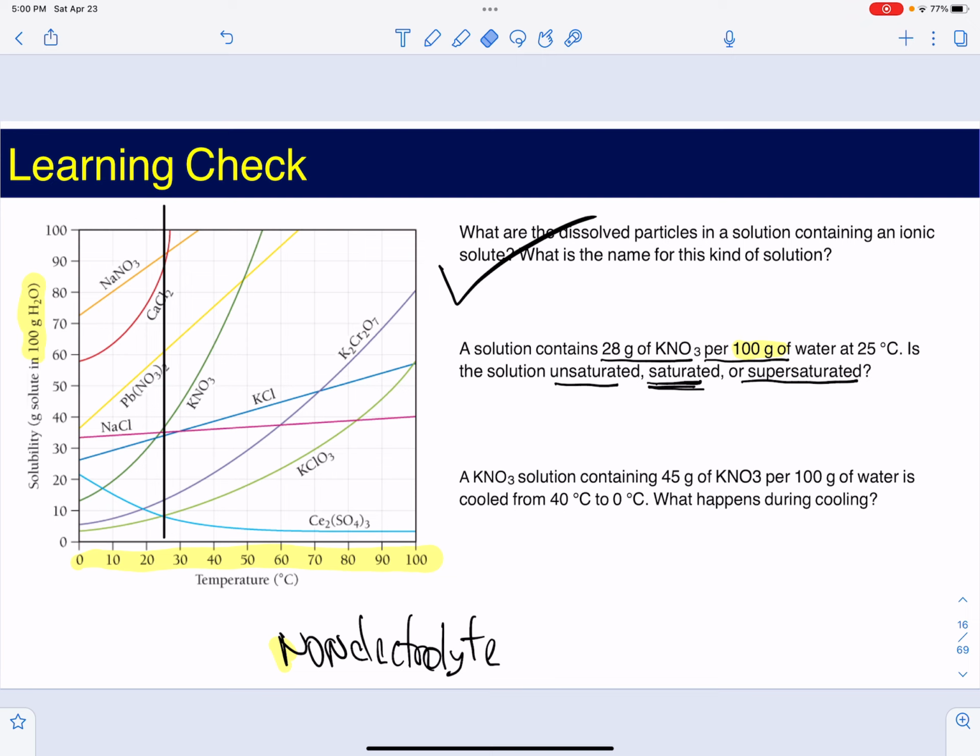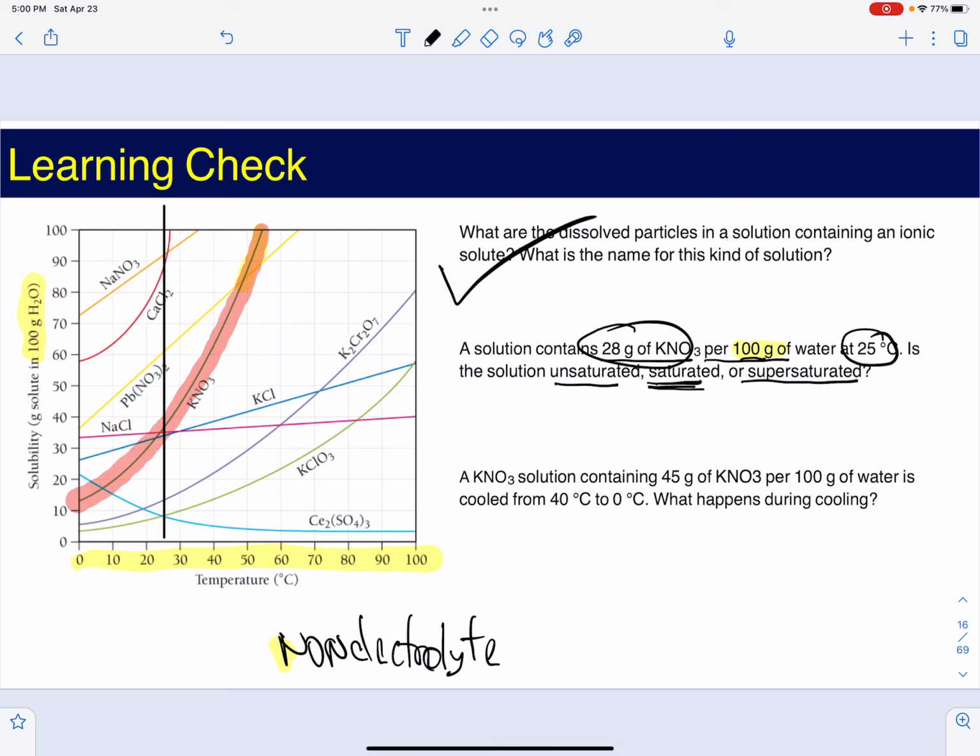So how do we know if 28 grams of potassium nitrate in 100 grams of water at 25 degrees Celsius is going to be unsaturated, saturated, or supersaturated? We're going to look at the graph and find potassium nitrate, which is right there. So that's the curve for potassium nitrate.